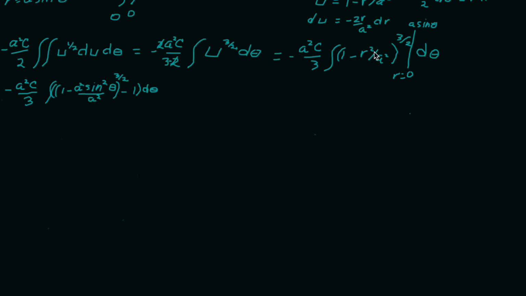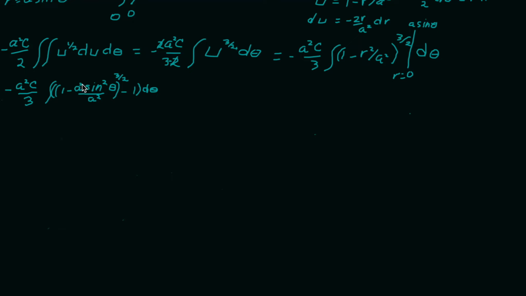So this r² here, substituting a sin θ, becomes 1 − a² sin²θ over a², minus, and then we plug in 0 for this r. So this whole term goes to 0, so this whole term ends up being 1. 1 to the 3/2 is still 1, so we got minus 1 here.